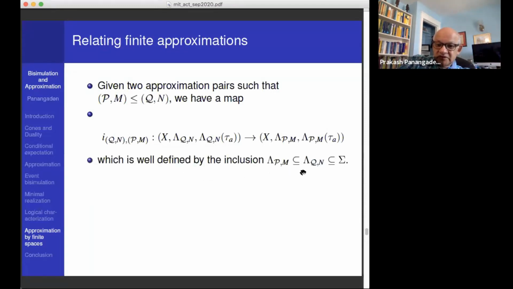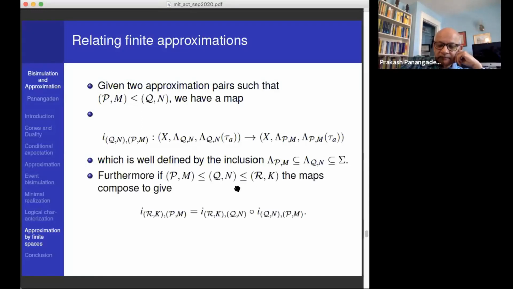Okay, so because this is an inclusion of the sigma algebras, and both of them are sub-sigma algebras of the big sigma algebra sigma, this is a measurable set. So this is a well-defined inclusion. And furthermore, if I have a chain of these refinements, then these maps compose.